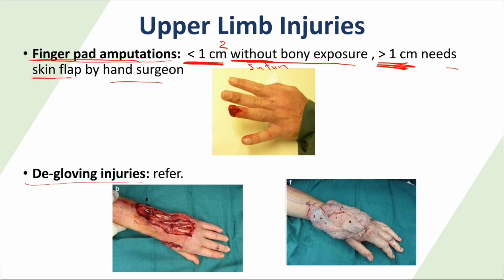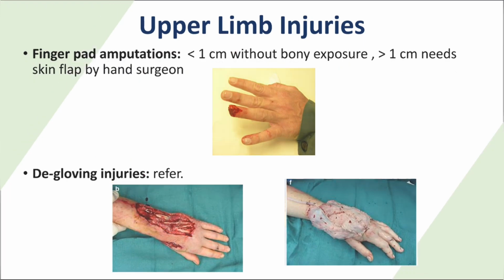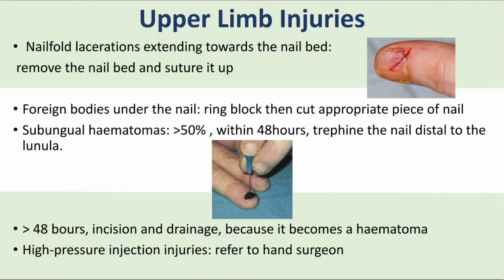The degloving injury, when a part of the skin is completely removed after an injury, this patient needs appropriate cleaning, washing, and then antibiotic, and then anti-tetanus, and covering with a sterile dressing, and then send the patient to the plastic surgeon. We have some simple things like nail fold lacerations.